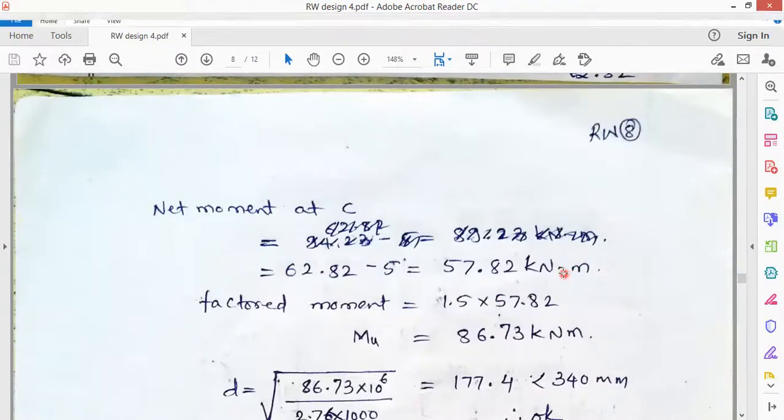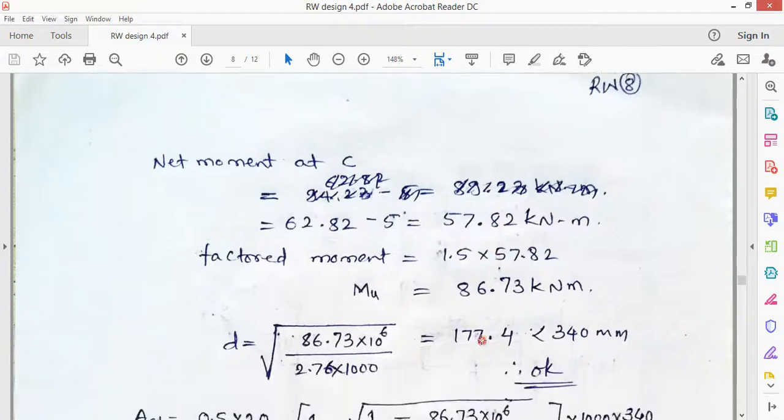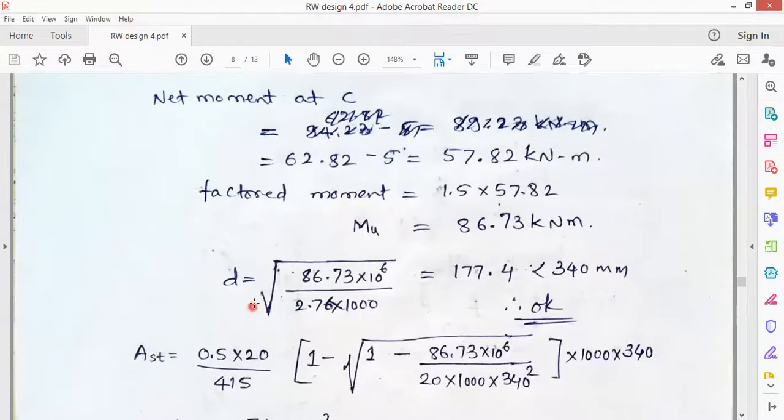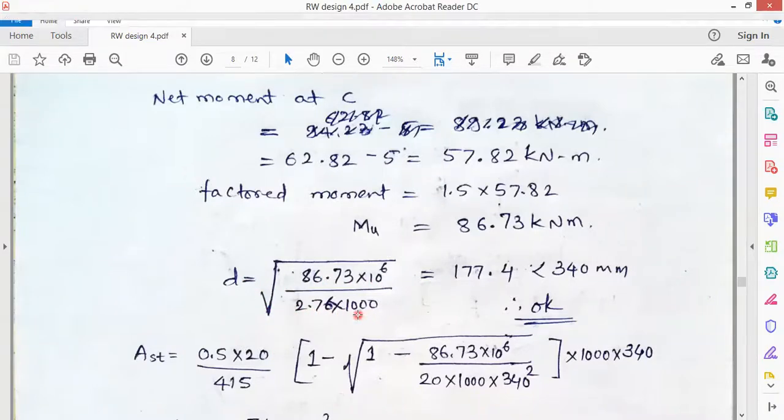What will be the factored moment? Mu is equal to 1.5 into 57.82. So it will be 86.73 kilonewton meter. Now, when I got the moment, I can calculate now depth. We will check here for the depth. Already it has been provided, but we will check it once. So d is equal to under root Mu divided by Ru max into b. b is 1000, Ru max is 2.76 and Mu is 86.73.